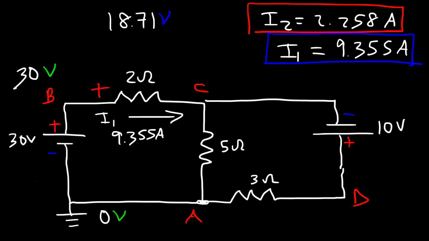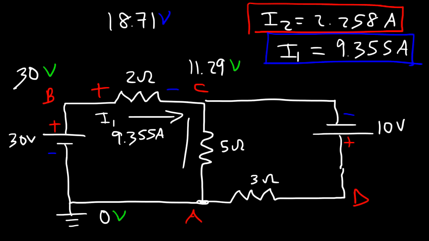So we know this is positive and this is negative. So as we go from B to C, the voltage is going to decrease by 18.71. So 30 minus 18.71, that means that the electric potential at point C is 11.29 volts. Now as we go from C to A, the potential drops to 0.